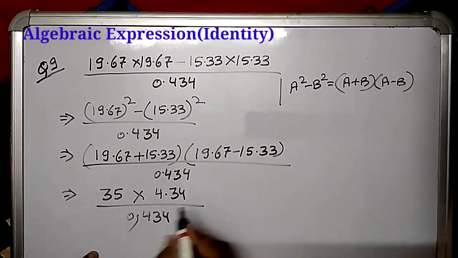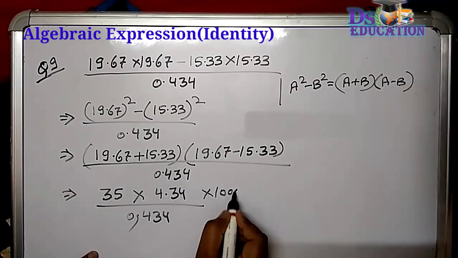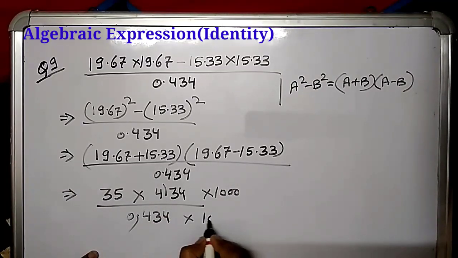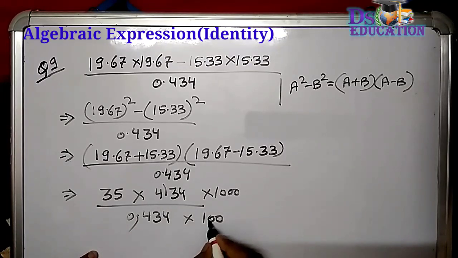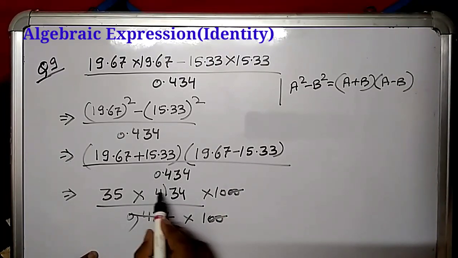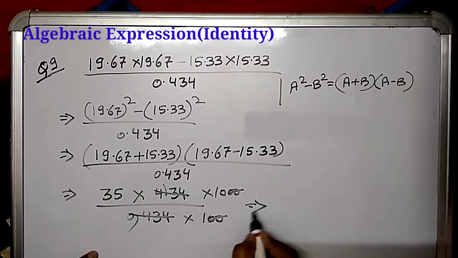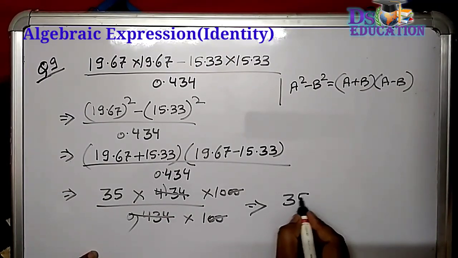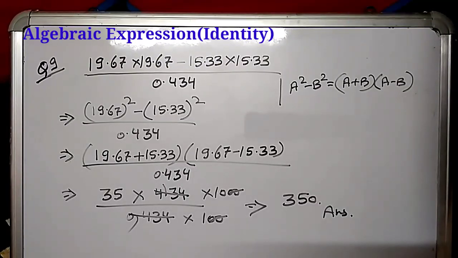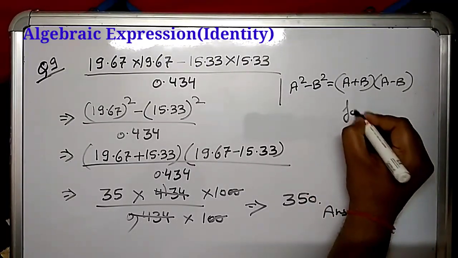Now here, if you change here, it will come to 1000 over here, and if we move here, it will come to 100 over here. Clear? Now 20 and 20 are cut off here. 434 and 434 are cut off. It will come to 350, and this is your answer. Understood? This was your formula.